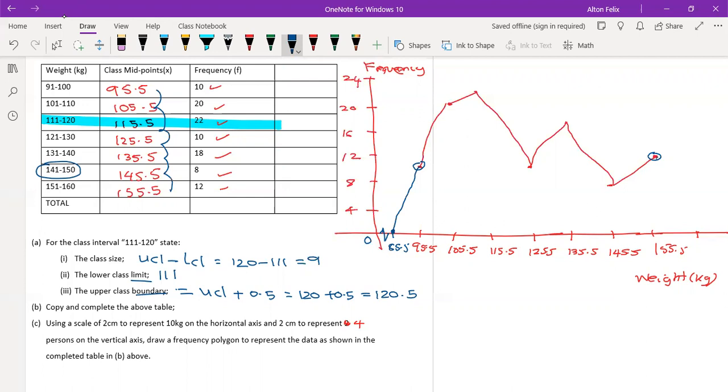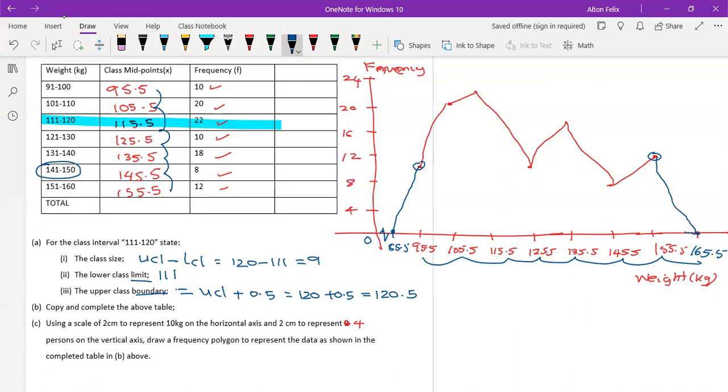Again, this needs to come down to the x-axis, which is the weight, and you go up just one value more, which is 165.5. Remember, we keep adding 10 to each of these. So after 155.5 will be 165.5. So that will be our final point, and that will give us the final frequency polygon.